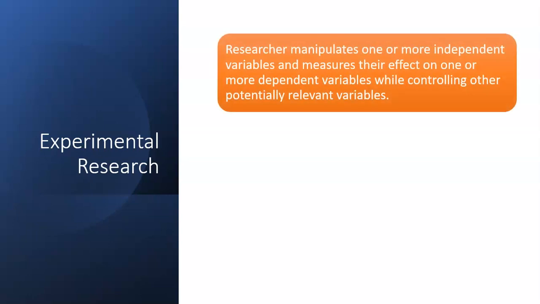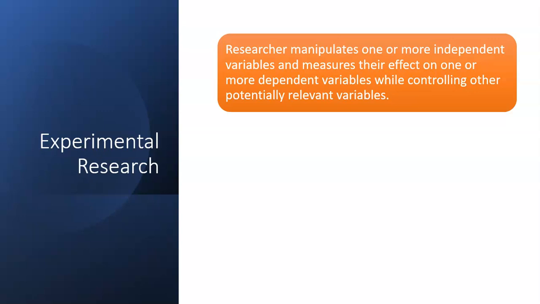And that will be an ongoing theme as we move through the semester, talking about these issues. Experimental research is always the goal, but there are many, many research questions that we simply can't ethically or practically address using experimental methods. So, be on the lookout for that as we move forward.